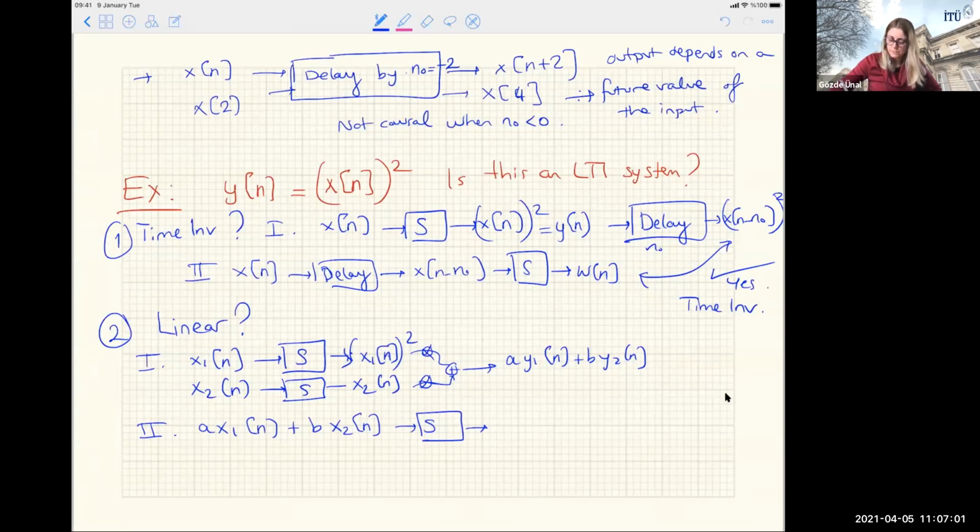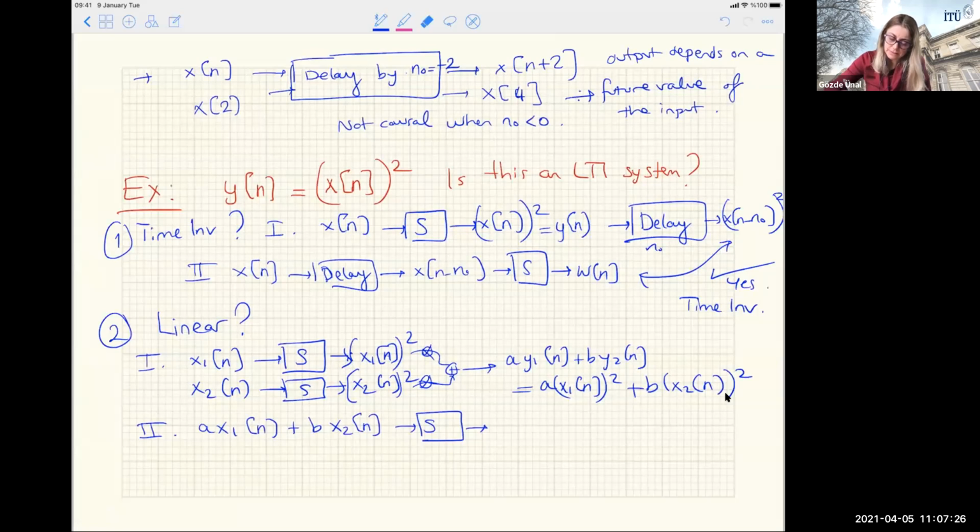This was y1, of course. So this will be really a x1 squared plus b x2[n] squared. I mean, you have to, of course, take into account the effect of the system here, right?